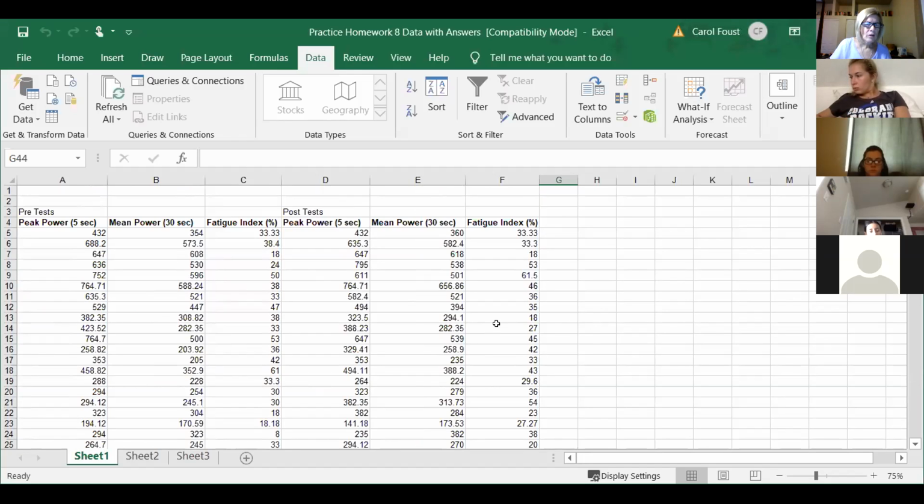If we're going to do a correlation, remember, we've got to put our data right next to each other.